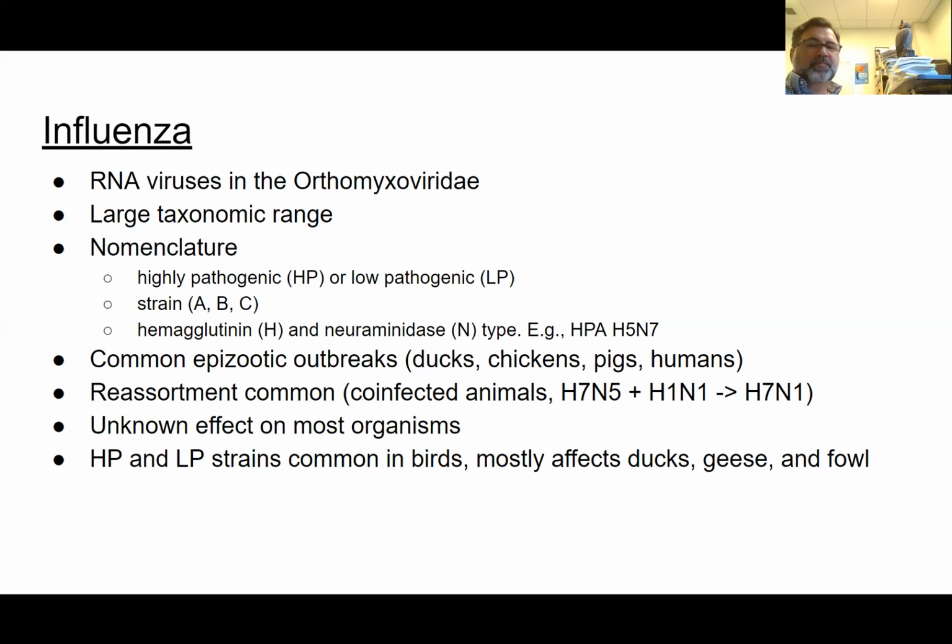But if a small warbler in the woods dies, or a mouse, a vole, or a mole, nobody's going to notice. Both highly and low pathogenic strains are common in birds. It's almost always out there, and they commonly infect ducks and geese and fowl.